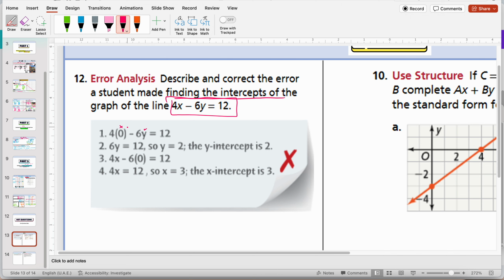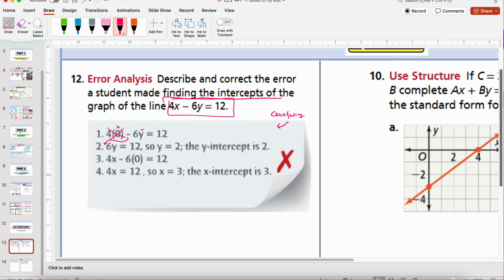This is cancelled. Now what do we have? He said that 6y equals 12. Where is the negative? Can you see it? He forgot the negative. To find the error, you can either read the steps carefully, or you can do the steps yourself and compare your answer with the student's answer.